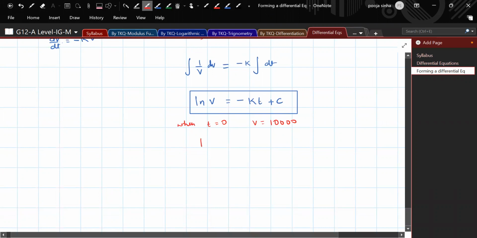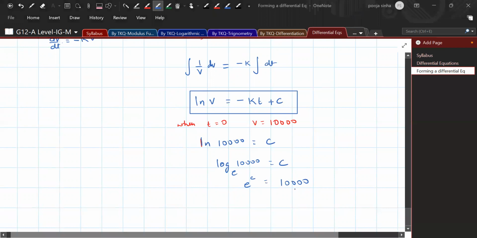So I'll write ln 10,000 is equal to c. See, ln का मतलब क्या होता है, log to the base e of 10,000 is equal to c. So e to the power of c is equal to 10,000, right?